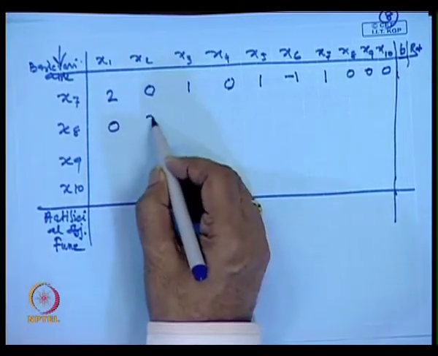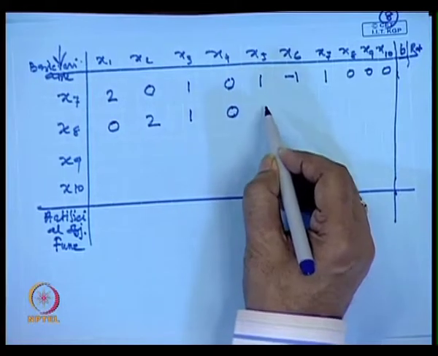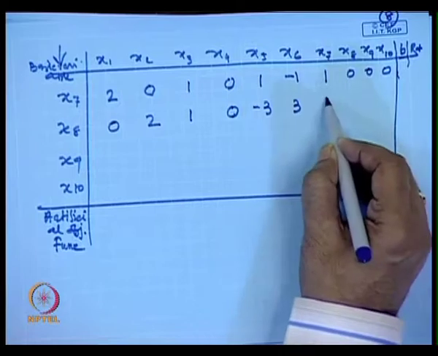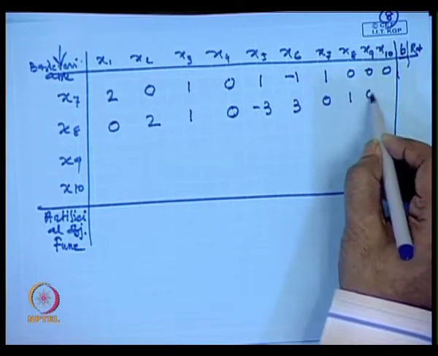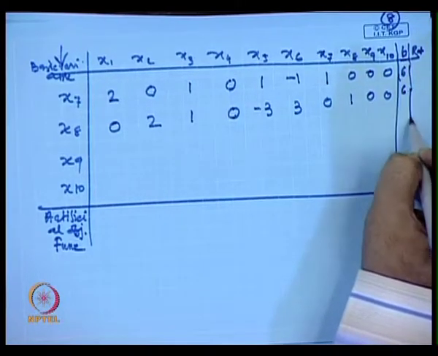Next is 0 2 1 0, minus 3 plus 3 0 1 0 0, and this b is 6, this is also 6.